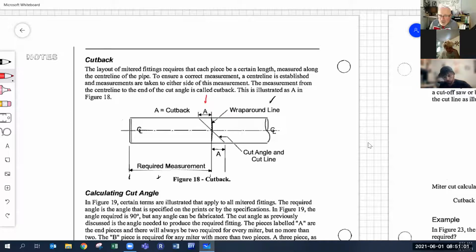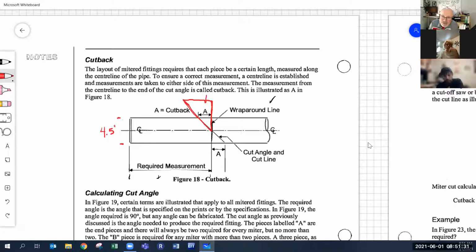So if I was to tell you that the diameter of this pipe is 4.5 inches, and I'm going to give you the angle of this. I'm going to make this a little bit bigger right there.